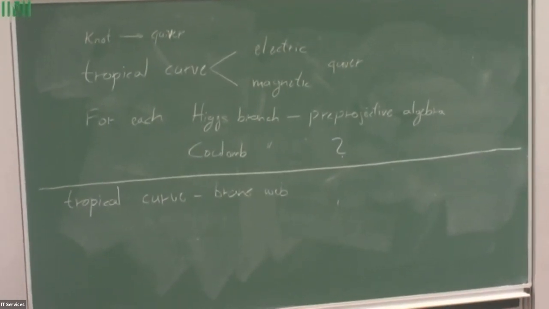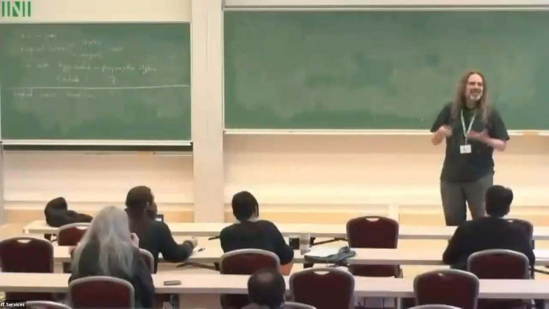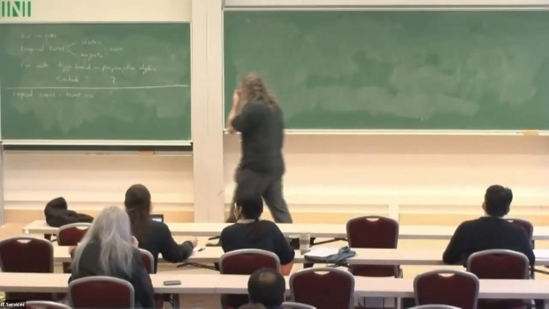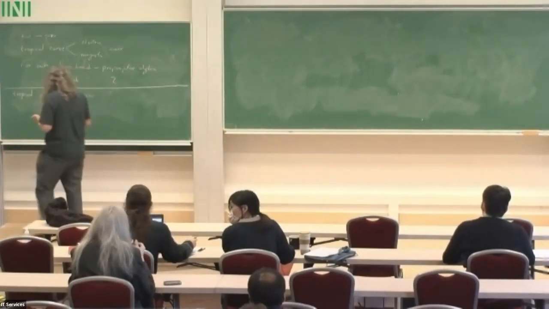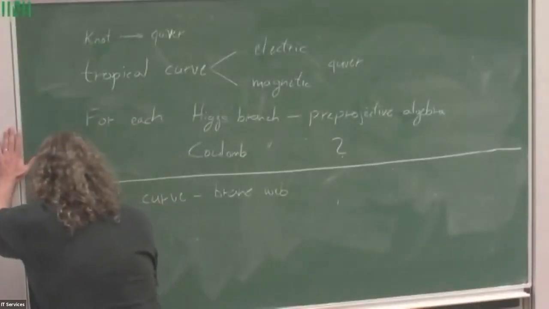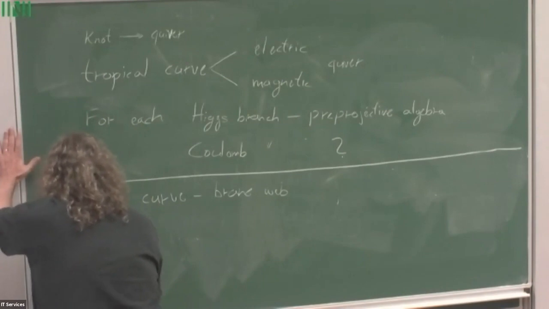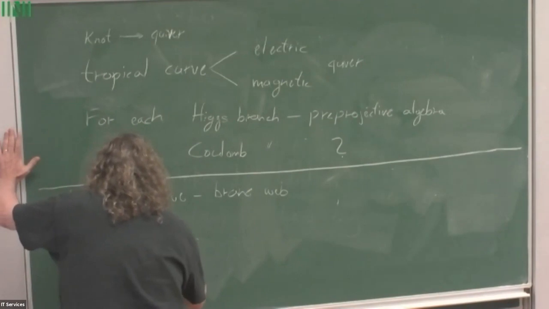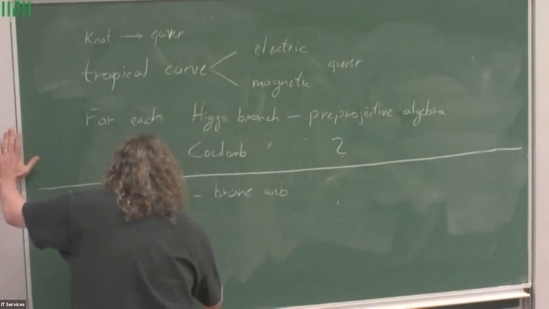And later I discovered that there's a whole topic in mathematics which goes under the name of tropical curves. And for me, it was really surprising to see that the webs that we were studying actually have their own mathematical motivation. So it's a piecewise linear curve.